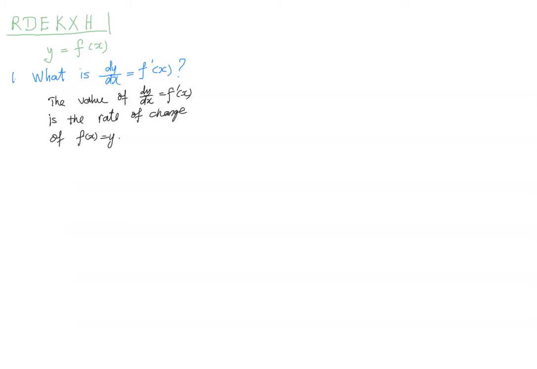So if dy over dx or f prime x is greater than 0, this means what?